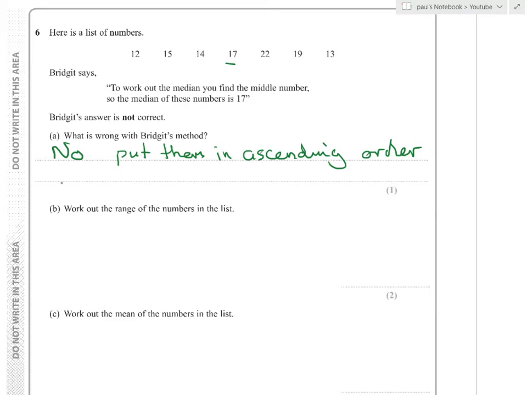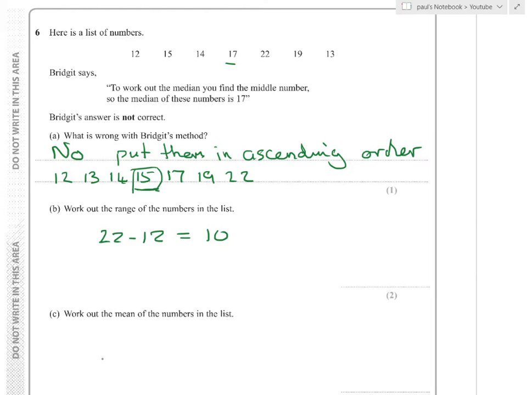I don't think we need to, but just in case. Yeah, so you had 12, 13, 14, 15, 17, 19, and 22. So the middle number is 15. The range, difference between the largest, which is 22, and the smallest, which is 12, equals 10.